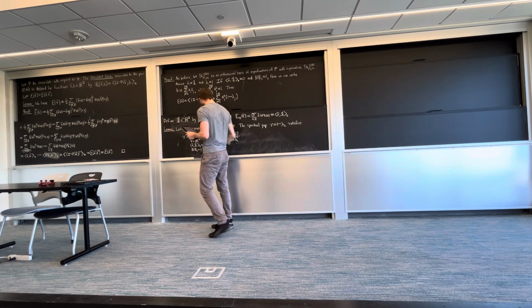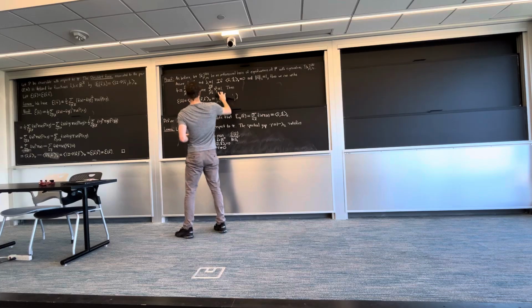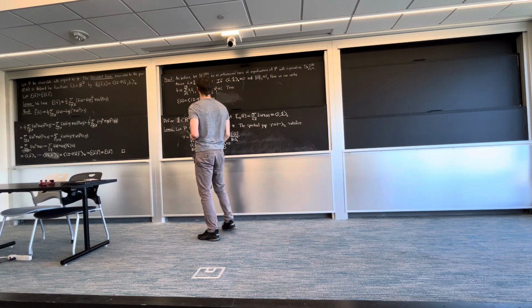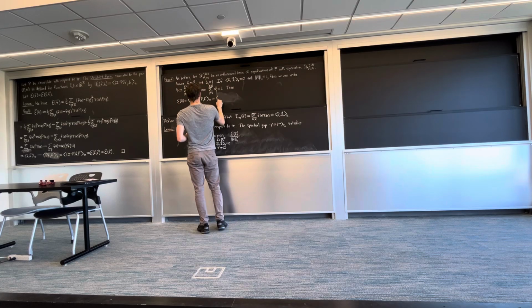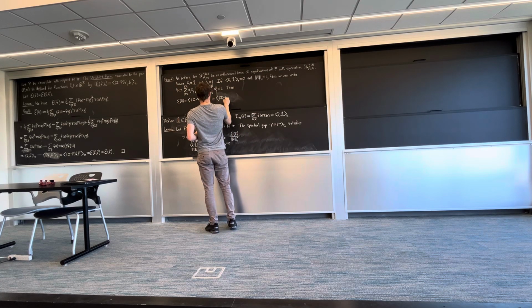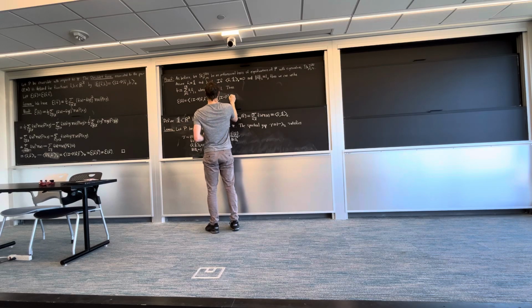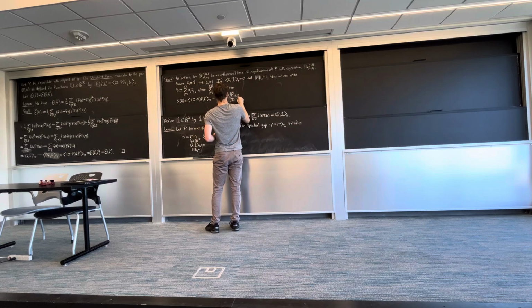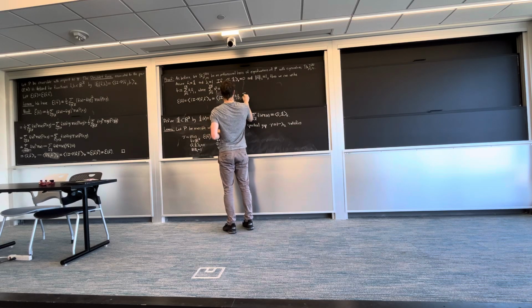Maybe I should write this out. It should be (I minus P) applied to the sum from j equals 2 to the size of X of a_j f_j, with the same sum.